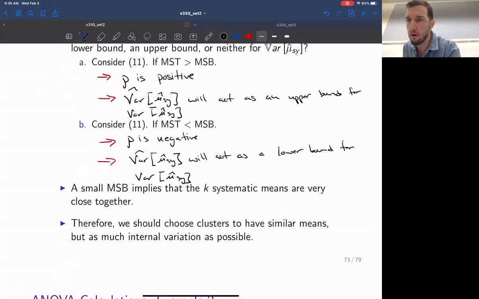A small mean square between, or a small variance between the means, implies that the systematic samples are very close together. This is a pretty obvious statement. It basically says that if the variation between means is small, all the estimates are really close to each other based off of each repeated systematic sample, and that's a fairly intuitive conclusion.